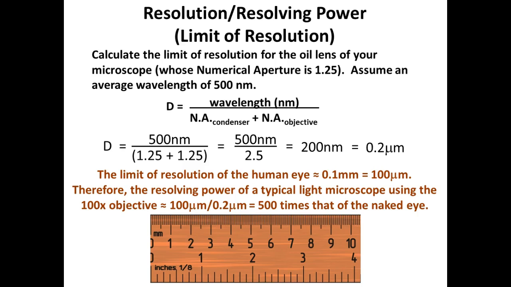So, with our eyes, we cannot see microscopic organisms, right? Because our resolution is only at about 100 micrometers. So, with our microscopes, we're 500 times better than our eyes. 100 micrometers is equivalent to 0.1 millimeters. So you see these little lines on this metric meter? Those are millimeters.